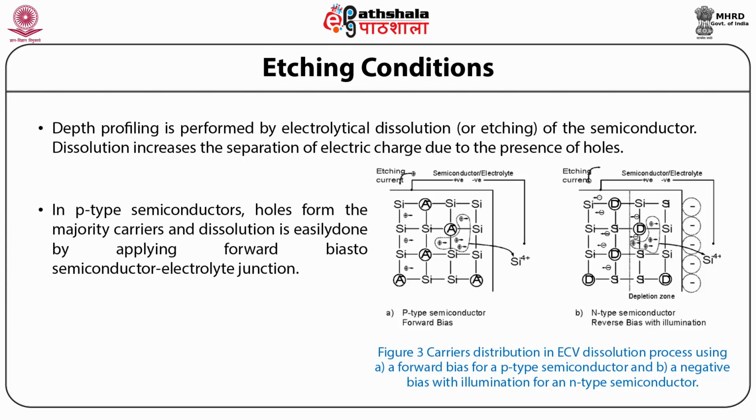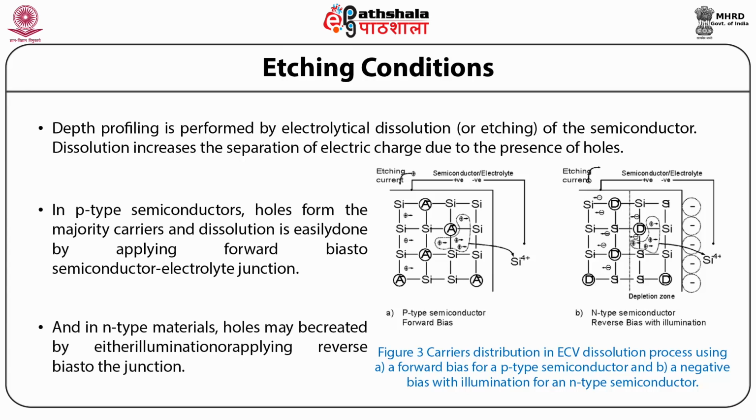In p-type semiconductors, holes form the majority carriers, and dissolution is easily done by applying forward bias to the semiconductor electrolyte junction. And in n-type materials, holes may be created by either illumination or applying reverse bias to the junction.